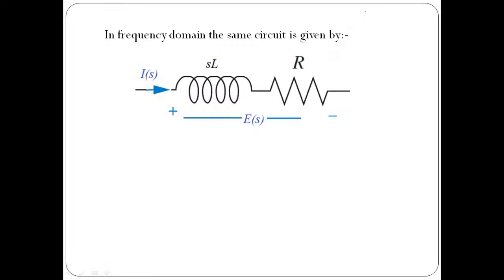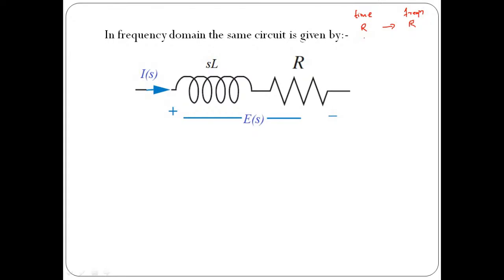For example, if we have the element in time domain like capital R, then its equivalent representation in frequency domain will remain R, because R is a frequency independent component. So the value of R in time will remain the same R in frequency.